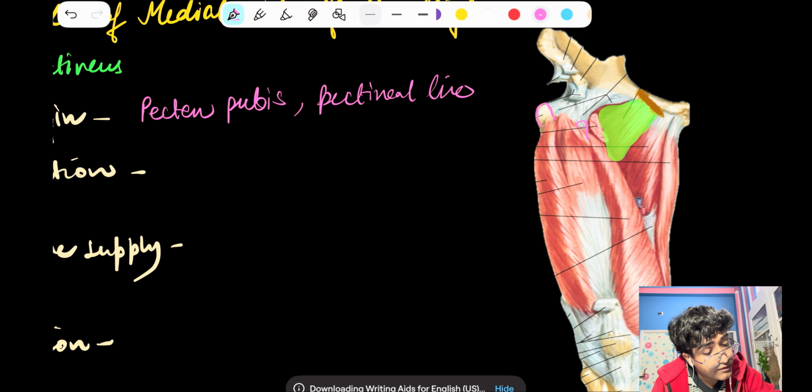Here we have the greater trochanter, here we have the lesser trochanter. The lesser trochanter of the femur, and it extends towards the linea aspera behind the femur.